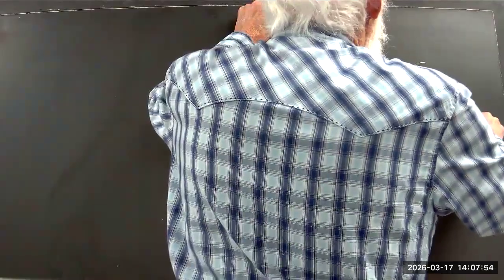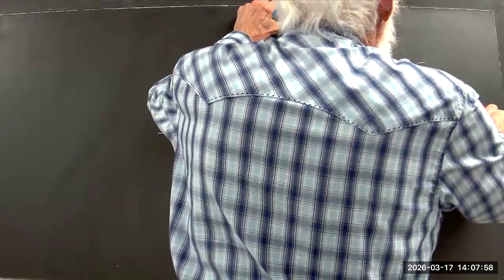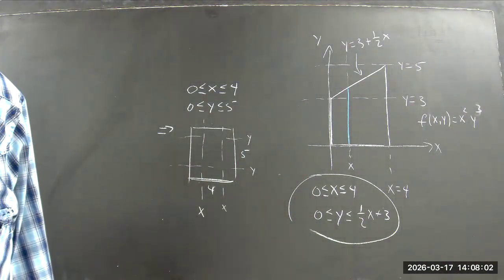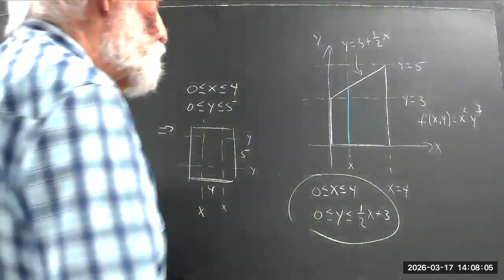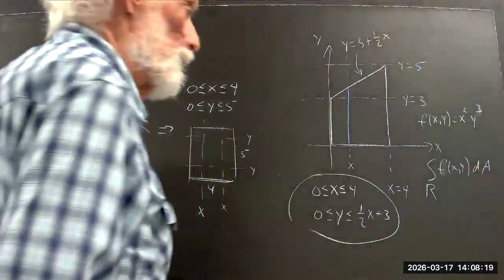Let's say then that f of x, y is an easy function, x squared y cubed. Okay? Integral over the region R of f of x, y with respect to area.